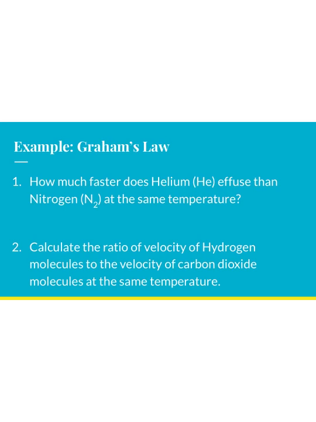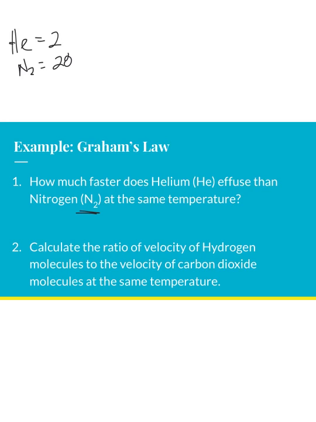Okay, so our example problem: how much faster does helium effuse than nitrogen at the same temperature? All I'm going to do is use Graham's law. I know that my mass of helium is 2, whereas my mass of N2 equals 28. Again, because nitrogen naturally is a diatomic molecule, I have to take the mass of N2.